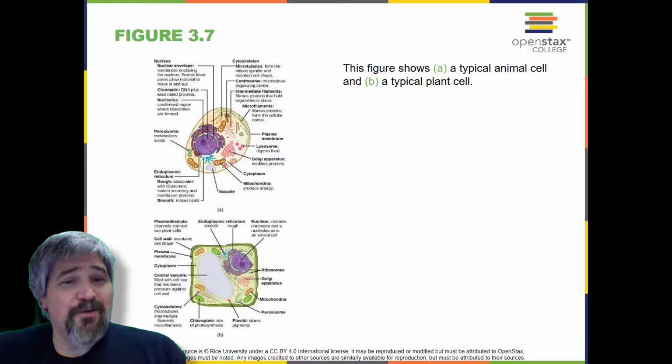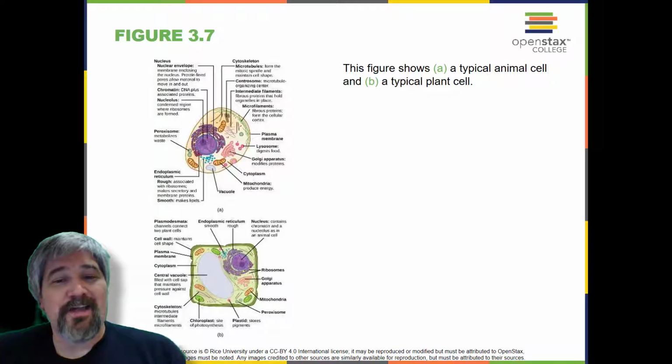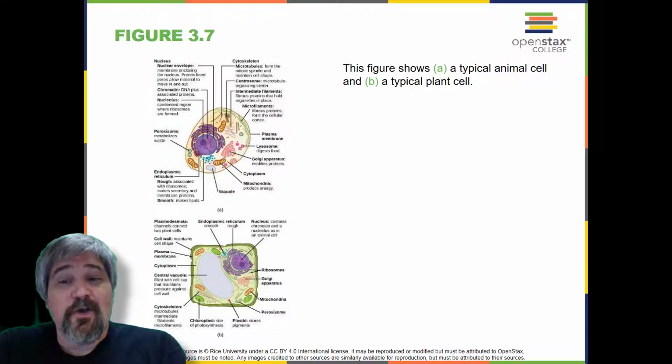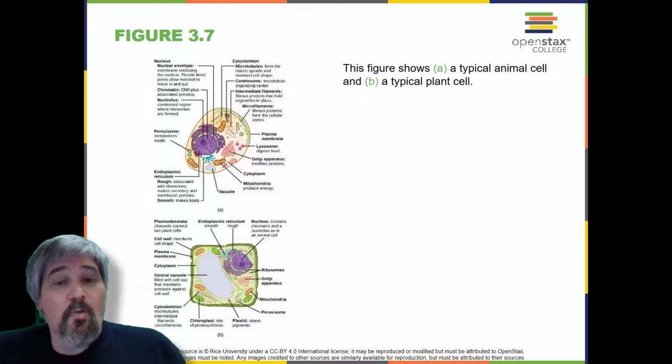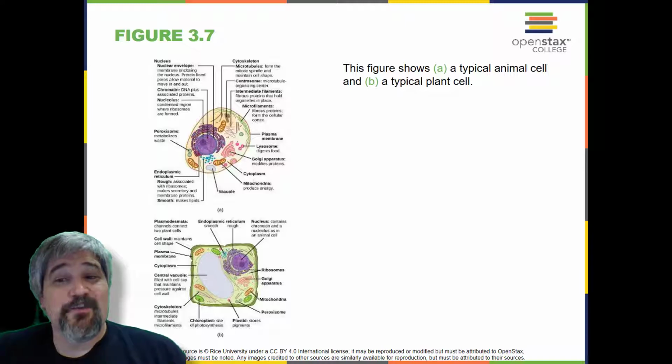Have you ever noticed that if you forget to water a plant for a few days, it wilts? That is because as the water concentration in the soil becomes lower than the water concentration in the plant, water moves out of the central vacuoles and cytoplasm and into the soil. As the central vacuole shrinks, it leaves the cell walls unsupported.